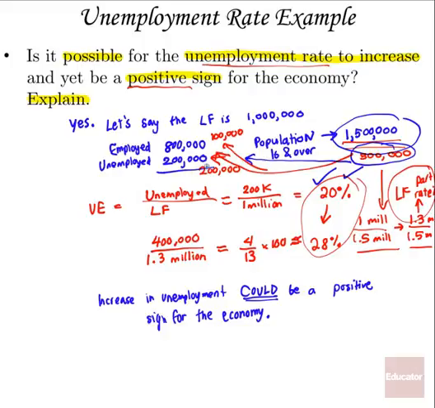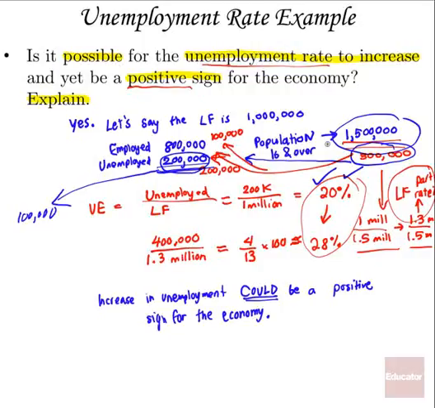Instead of there being 200,000 unemployed, I'm going to discourage maybe 100,000. So now instead of 1 million in the labor force, I might have 900,000. So the labor participation rate decreases, but guess what? I just lowered the unemployment rate. A very terrible way to reduce unemployment.